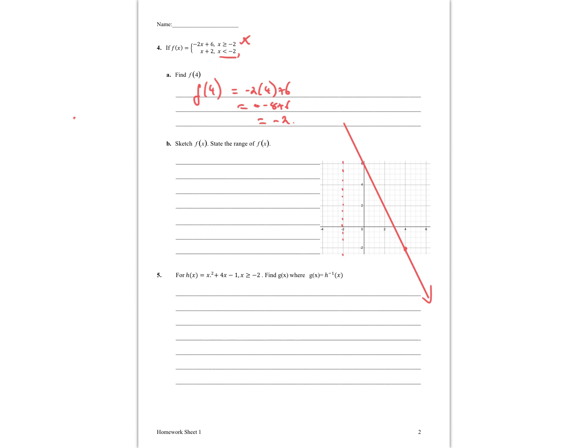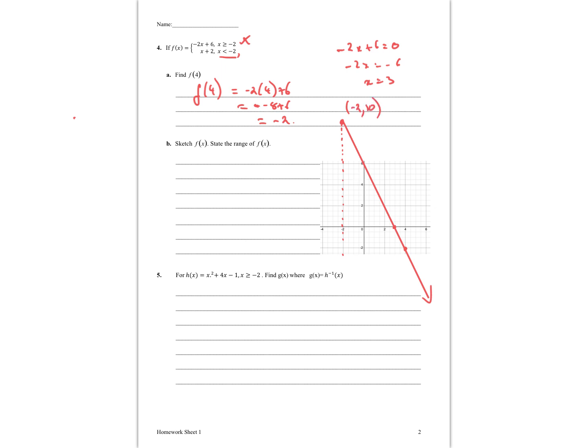Does that make sense? So -2x plus 6 equal to 0, -2x equal to -6, x is equal to 3. So there's my x-intercept, that's good. Solid dot, so if I extend my dotted line up there, I have a solid dot there, and at x equal to -2, I get y equal to 10.